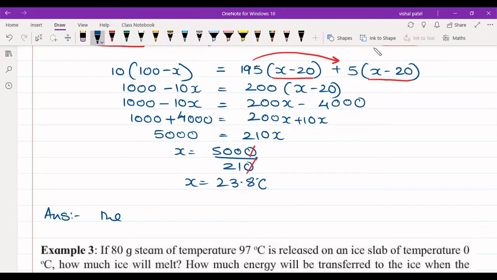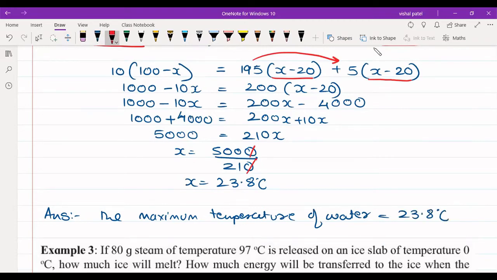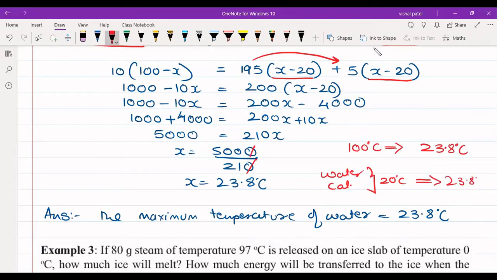What was the question? Let me see the question. They have asked what will be the maximum temperature. The maximum temperature of water equals 23.8 degrees Celsius. Means what students, what happened? See, the sphere which was at 100 degrees Celsius cooled down to 23.8 degrees Celsius, and the water and calorimeter whose temperature was 20 rose to 23.8. Did you understand, students? Is the concept understood?